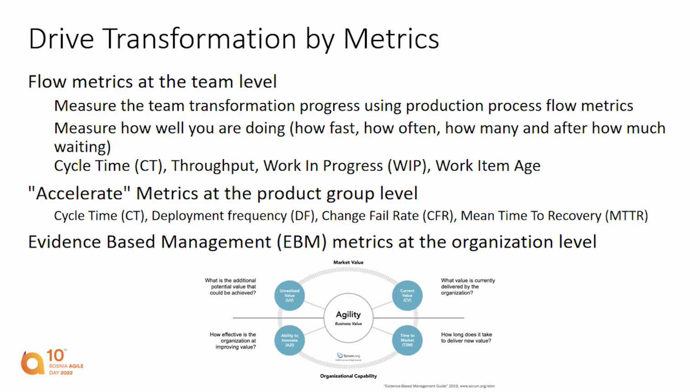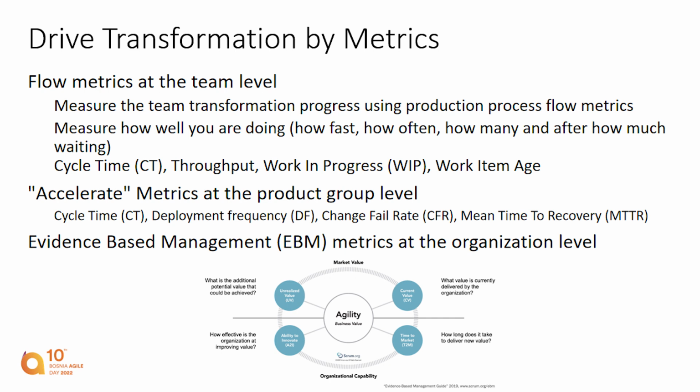Okay, so Scrum is an empirical process, and it's driven by transparency, inspection, and adaptation, and ability to transparently inspect the state of the process is critical, and that's where we need metrics. And we propose the usage of different types of metrics in different contexts.